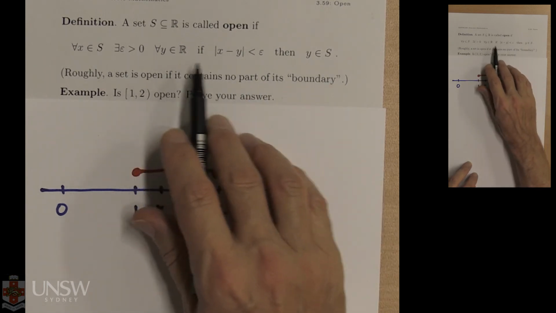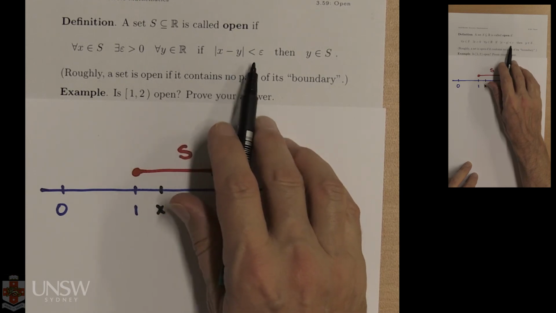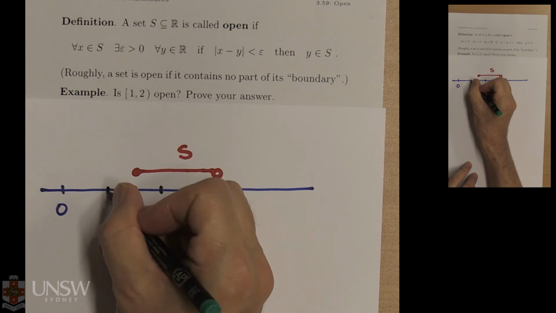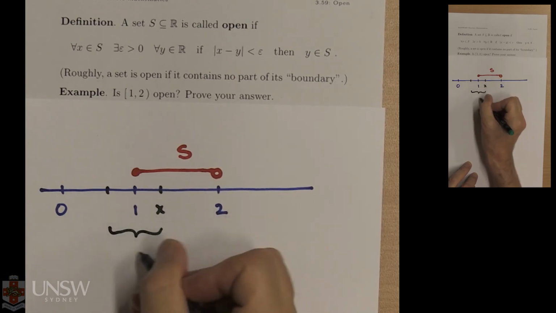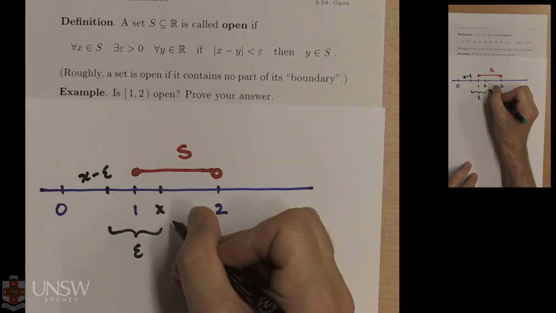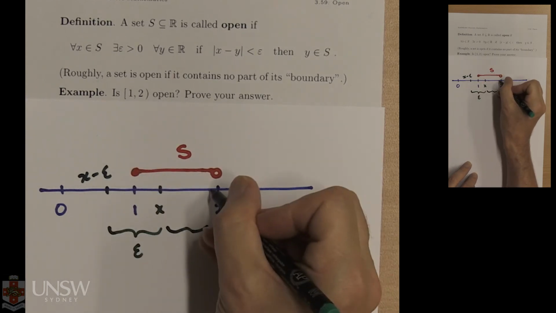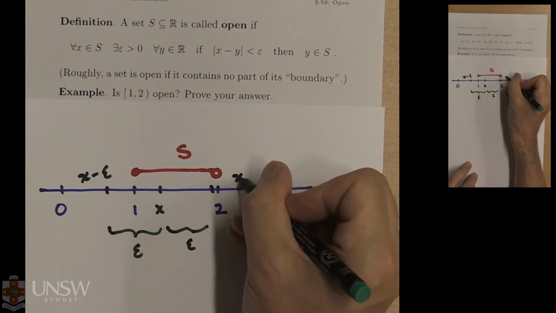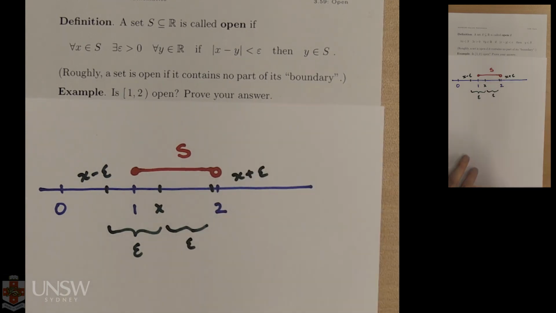So what am I going to do here? I'm going to look at y values which are within epsilon each side of x. So let's say I take that distance there to be my epsilon. So that's going to be x minus epsilon. And going the other side, say about there, is going to be x plus epsilon. Okay.